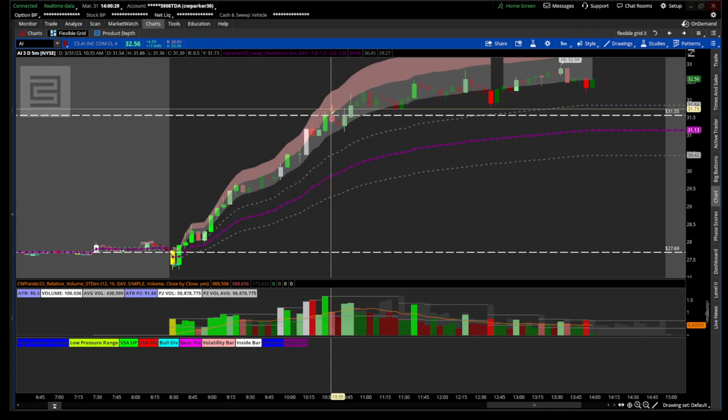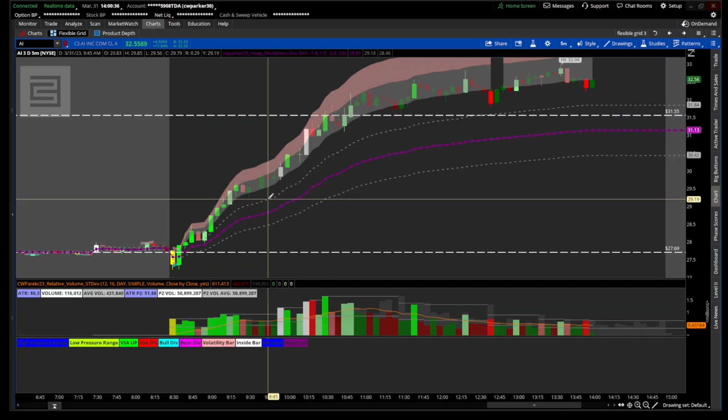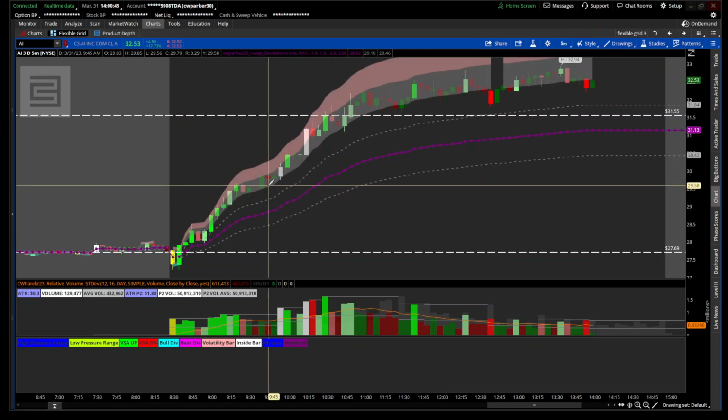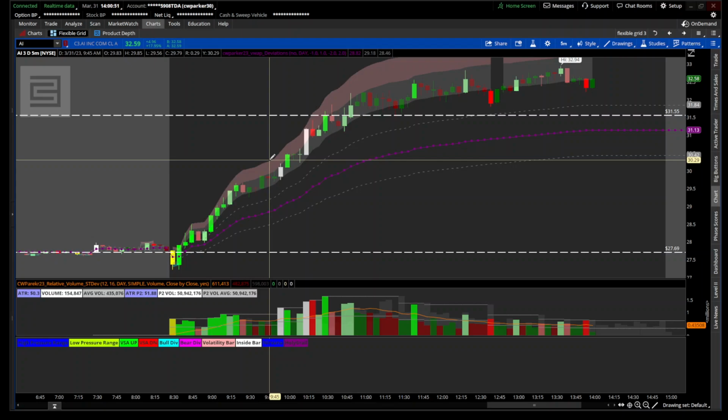And for the most part, you can see right here, this gray line is 0.5 deviations, I should say, away from VWAP. And this is 1 deviation. This is 1.5 deviations away from VWAP, and this higher up is 2 deviations away from VWAP.